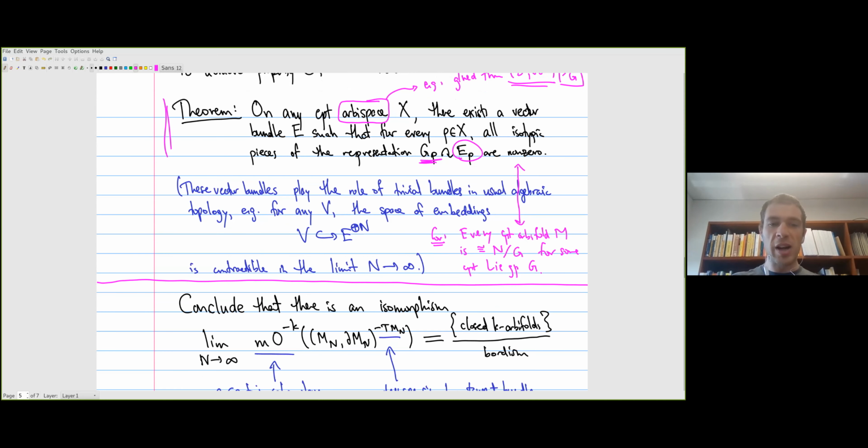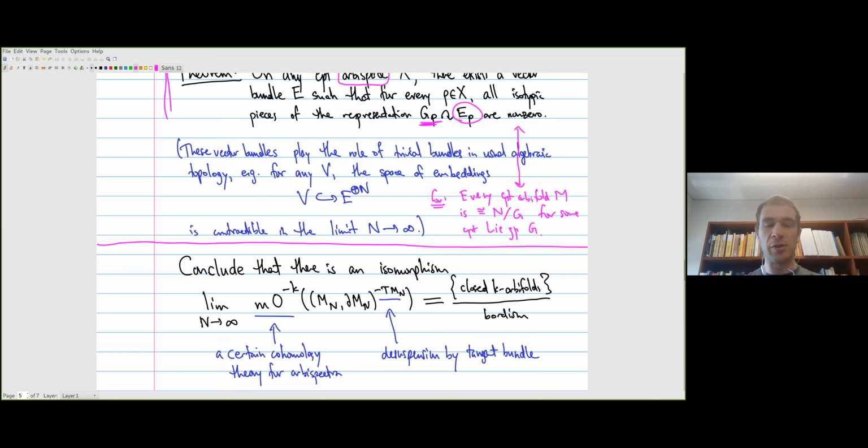So when you combine all of these in the relevant way, you get a Pontryagin-Thom isomorphism for orbifolds. I'll just explain informally what the key players are. So M_n is the sequence of orbifolds from before, compact orbifolds with boundary, and you take this M_n relative its boundary, desuspended by its tangent bundle.